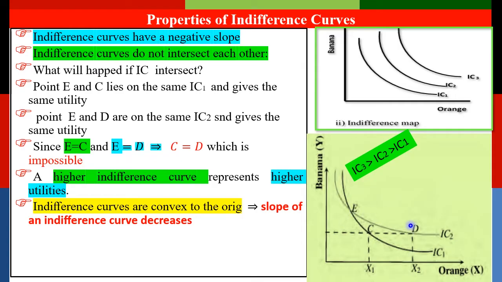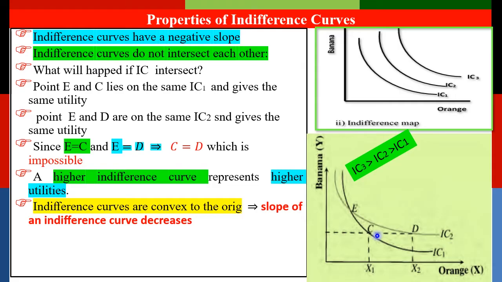in other words, by the property of transitivity, as you remember, C is equal to D. E is equal to C, E is equal to D. In other words, C is equal to D. This is wrong, which is impossible. So when two indifference curves intersect just like this one, it creates what?